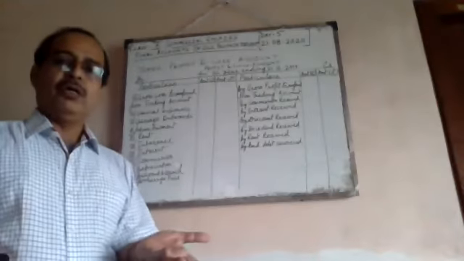Then on the expenses side, we will have all the expenses, but remember they are all indirect expenses. General expenses, carriage outward: for selling the goods, we have to pay the carriage. Then advertisement expenses. If you don't do advertisement, children, your products will not be promoted.